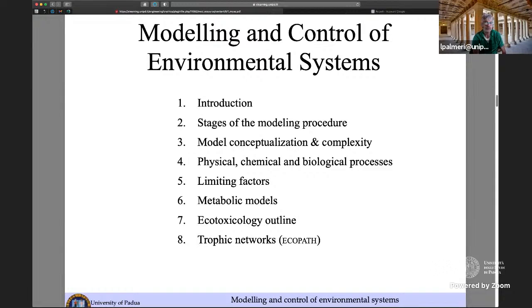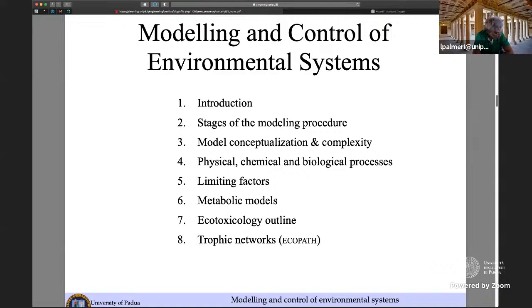Then, in the procedure of building a model of environmental system, we will often employ very specific tools, like, for example, metabolic models. You may have already heard of the term metabolic. What is metabolism?